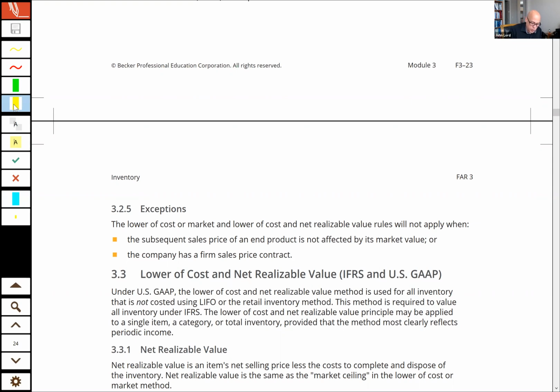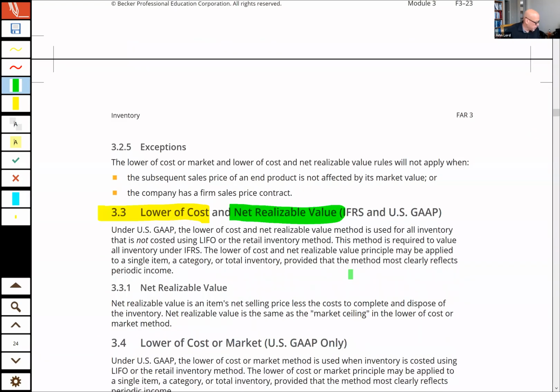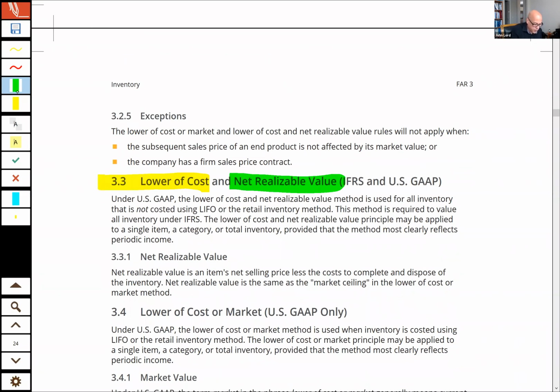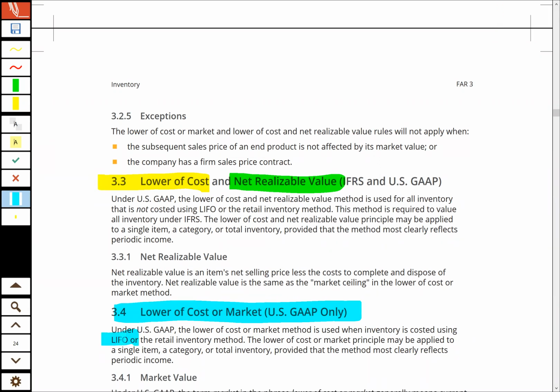And then we were going to start to get into how to account for inventory at the lower of cost or market, or the lower of cost or net realizable value. Now, when we carry inventory at the lower of cost or market, that is a very specific situation where we are carrying our inventory at LIFO, using last in, first out.